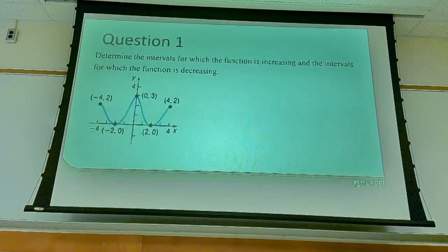Negative 2, 0. And then 2, 0. So wouldn't it be from 2, 0 to 4, 2? Right, so what's the interval?